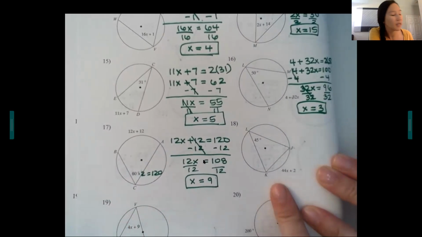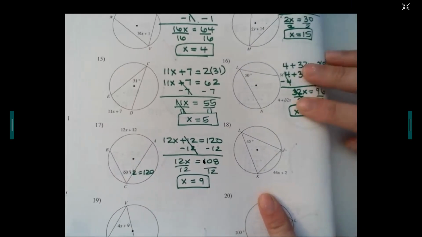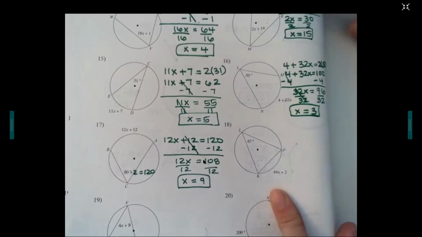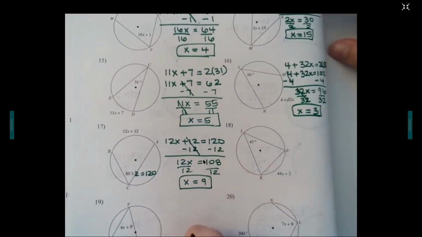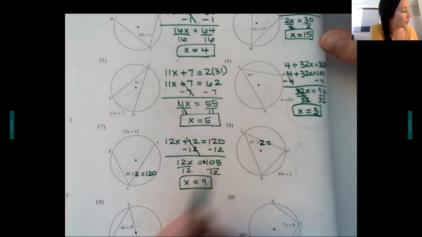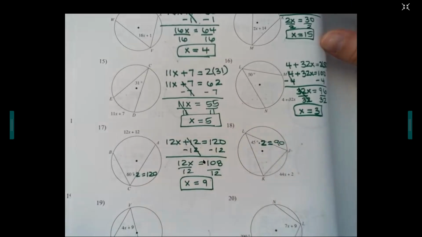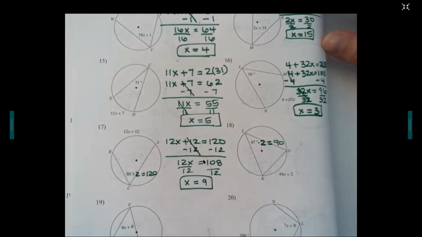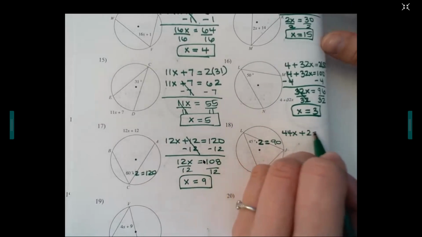Okay, who had number 18? I'm not going to guess anymore. Me. Okay. What did you do? So first, I multiplied 45 times 2, which was 90. Okay, very good. And then I did 44x plus 2 equals 90.